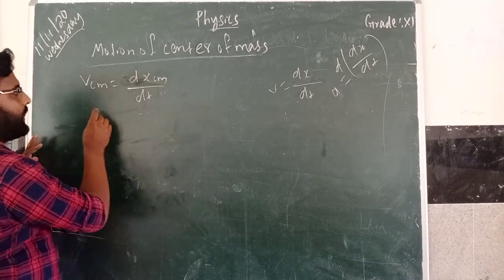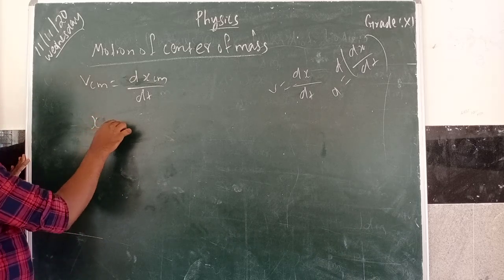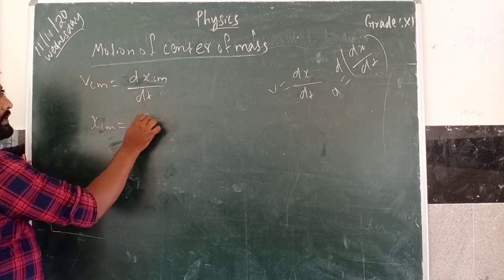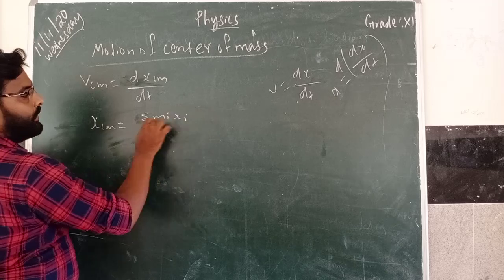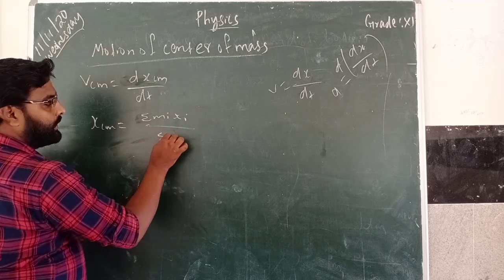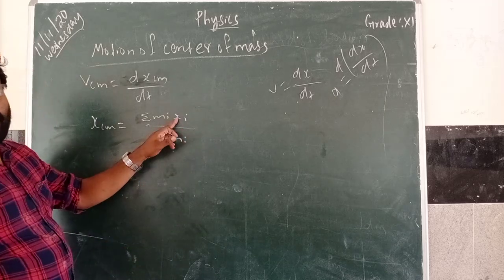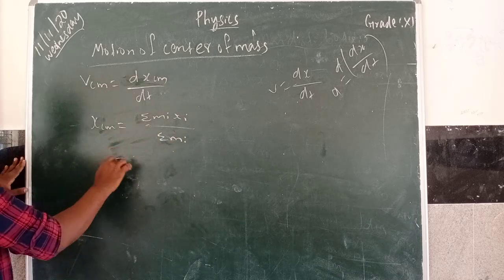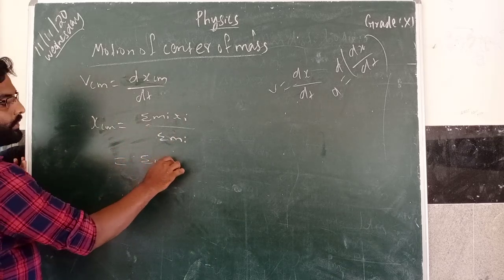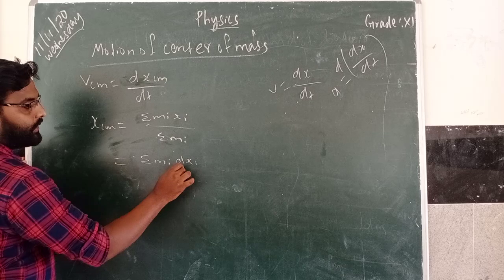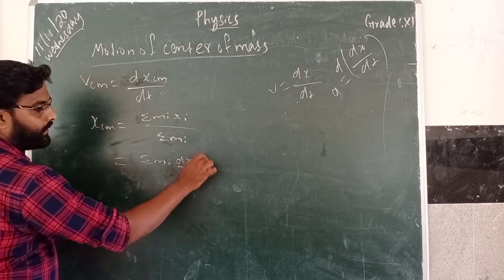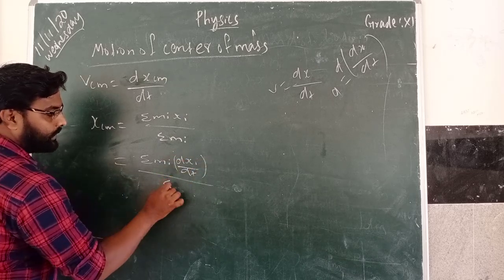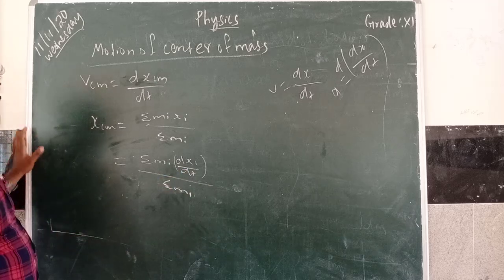So this formula we are differentiating: xcm is equal to sigma mi xi by sigma mi. Here we are differentiating this xi. That's what sigma mi dxi by dt, the first differentiation with respect to time.